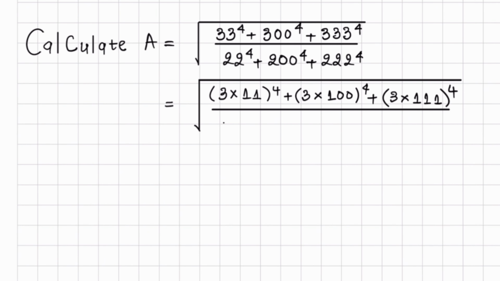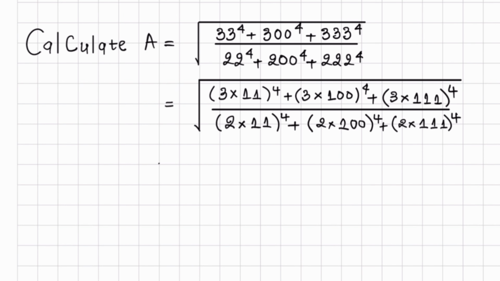For the denominator, it is almost similar. We can write it as 2 times 11 raised to the power 4 plus 2 times 100 raised to the power 4 plus 2 times 111 raised to the power 4.